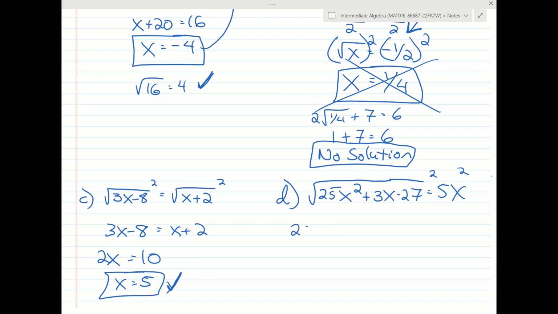And this just gives us 25x squared plus 3x minus 27 is equal to 25x squared. Bring the 25x squared over.